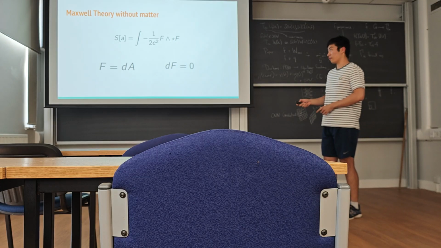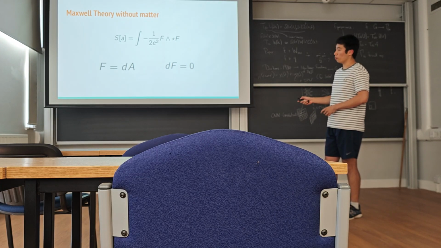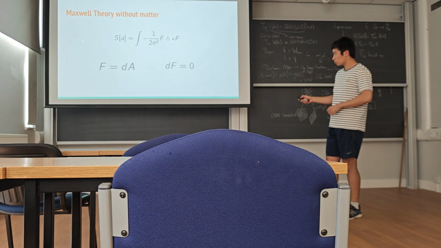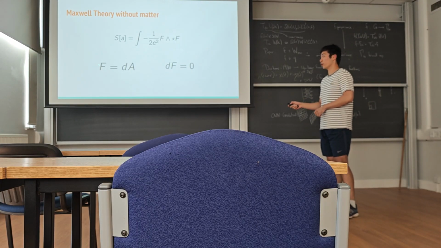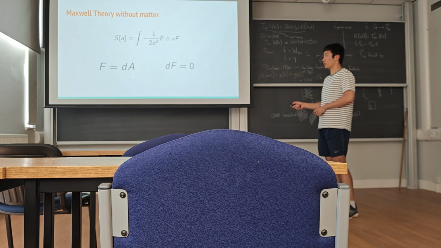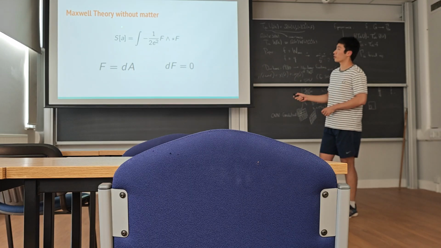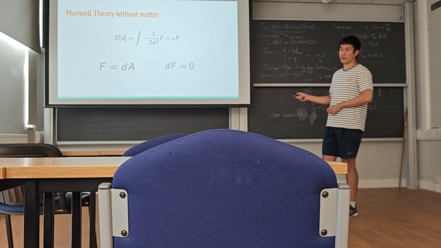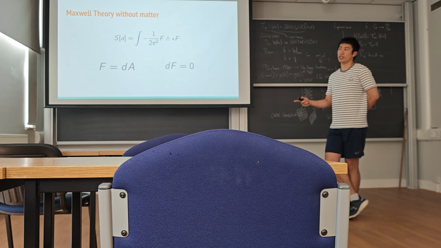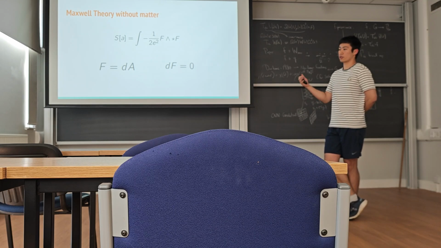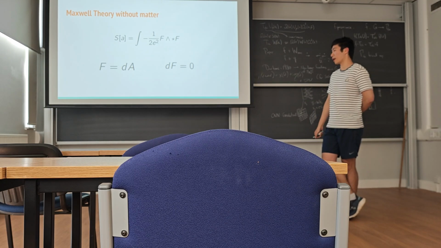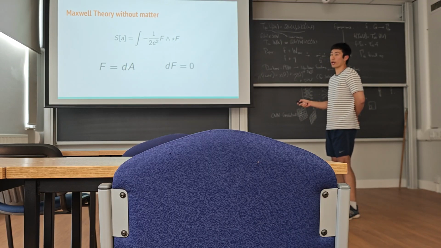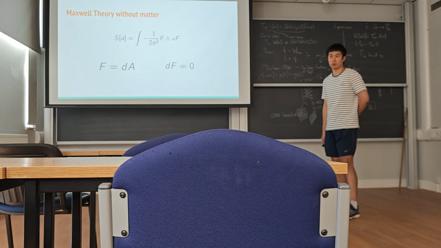In Maxwell theory, we have the gauge field A. This is the one form. We also have the field strength, which is the exterior derivative of A. In our Maxwell theory, the action is composed of F wedge the Hodge dual of F. By the property that two exterior derivatives equal 0, no matter what form you apply them on, dF, which equals d squared A, is equal to 0.